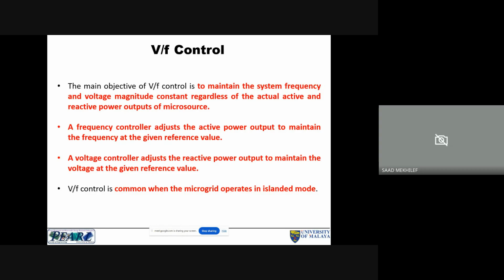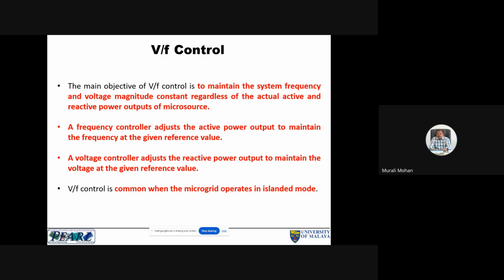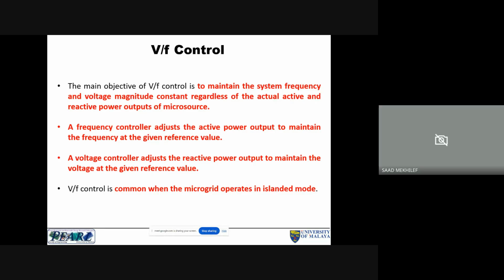The frequency control adjusts the active power, and the voltage control adjusts the reactive power output to maintain the voltage within given values or a given reference. The VF control is commonly used when the microgrid operates in islanded mode. So this is the summary of these two. We can go into the detailed loop of these controllers.